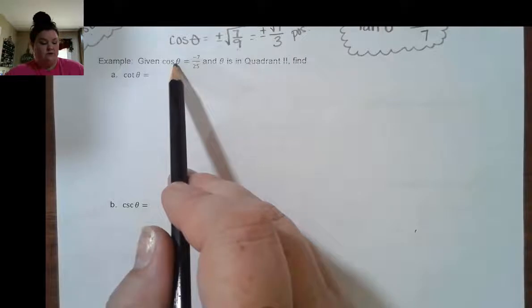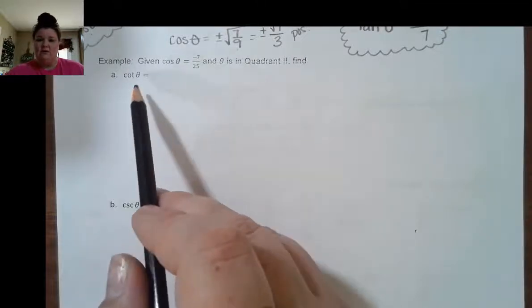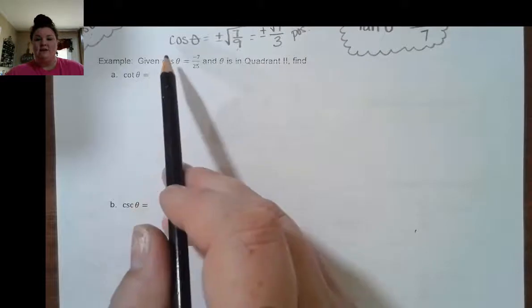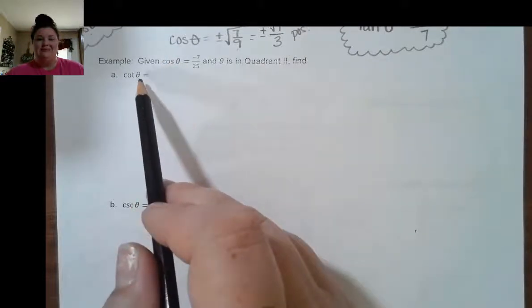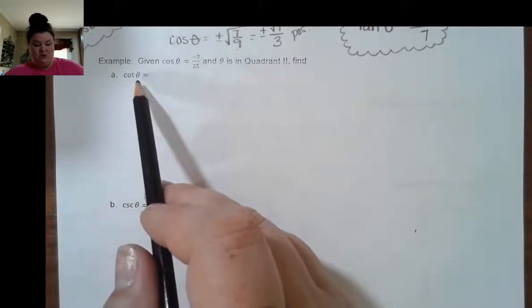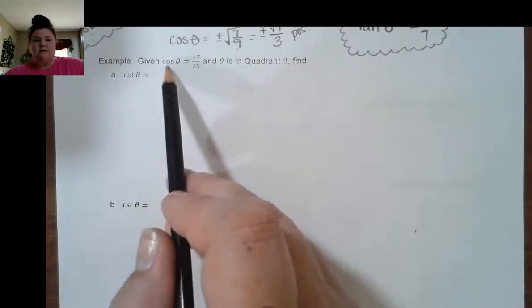So if you use that one, that is one way to find cotangent. I am actually going to use the idea that cosine and sine are related to tangent to figure out what the cotangent is. Okay? Again, there's no wrong way.